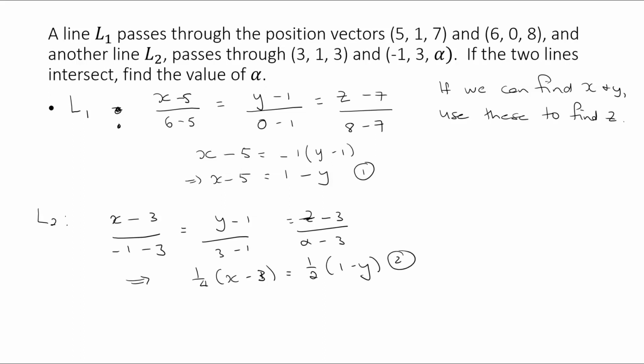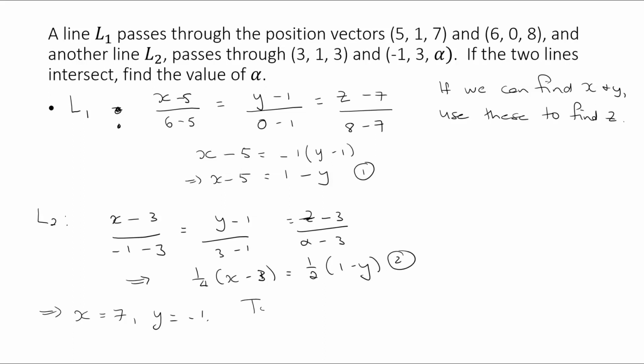Now, if we solve those simultaneously, I won't do it here, but if we solve those simultaneously, we get that x equals 7 and y equals -1. Now we can use that to find z.